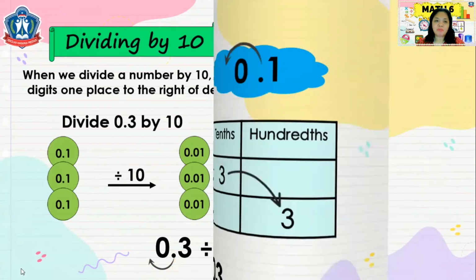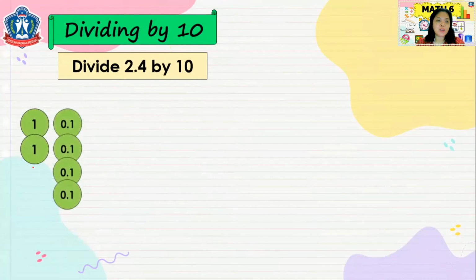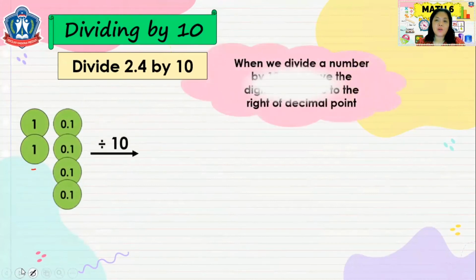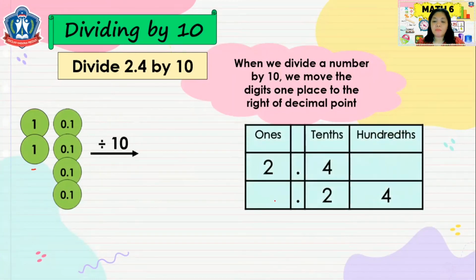Another example, let's divide 2.4 by 10. When we divide a number by 10 again, we move the digits one place to the right of the decimal point. So using our table, the 2 is in the ones place. It means we will move the 2 to the right of the decimal point, so it will become the tenths place.